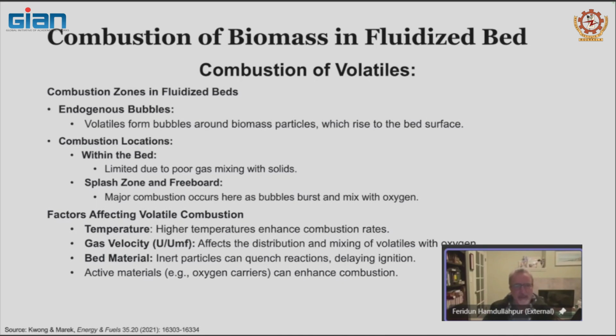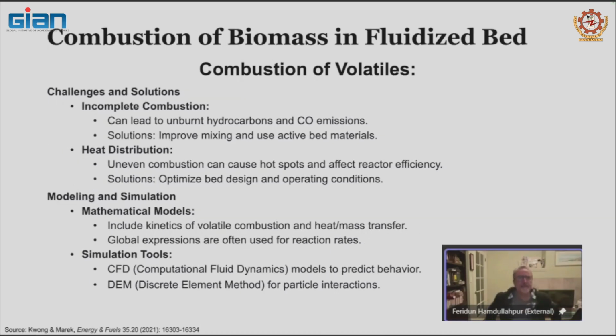But you can also add some other materials that can enhance combustion in addition to your fuel. Okay. What are the challenges? Incomplete combustion, which is usually the case, as I said, will end up in carbon monoxide emission. You improve mixing.